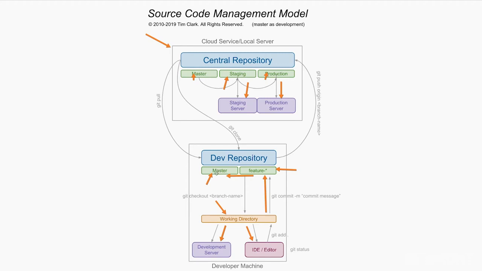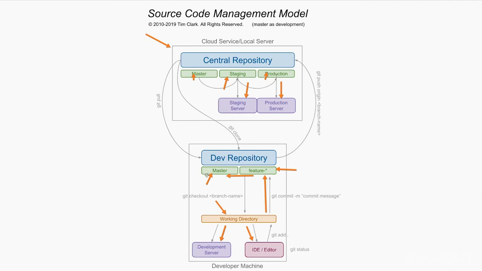And if there are some conflicts, then you're going to get warnings here, and it's going to tell you what files there are conflicts, and then you're going to have to try to figure out how to fix the conflicts between your master and the central repository's master. And once you've got everything fixed and you do a pull on Git and there's no conflicts between yours and the central repository, then you'll be free to push your repository.